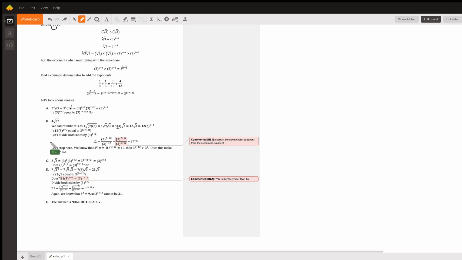Now we're going to ask ourselves, is 12 times 3 to the 1/2 equal to 3 to the 7/12? Let's divide both sides by 3 to the 1/2 and see if we can get a little insight. So when we do that, we get 12 equals 3 to the 1 divided by 12.